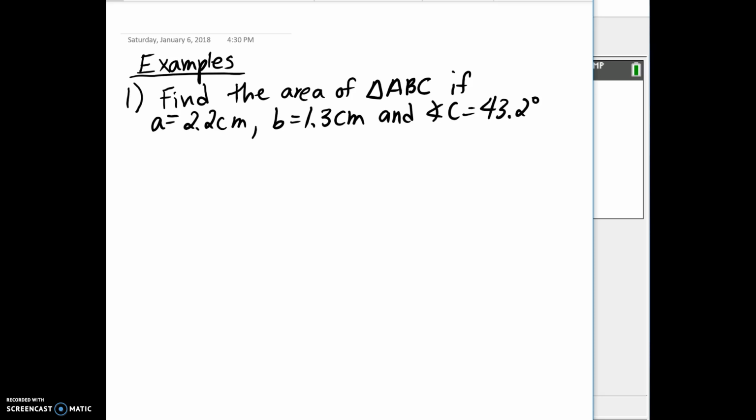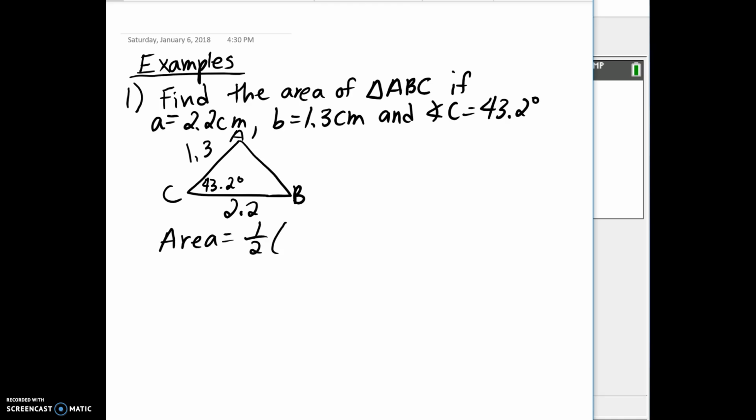Okay, so in this situation, you can draw the triangle just to kind of see what you have. Not necessary, but sometimes helpful. So you can see you have your side angle side, and you can go right into plugging in, straight in the calculator, all of that information.